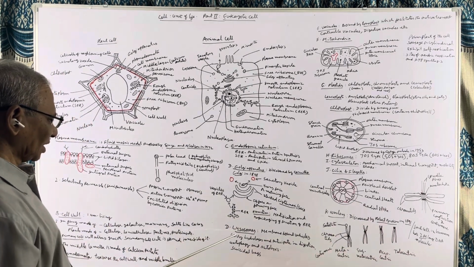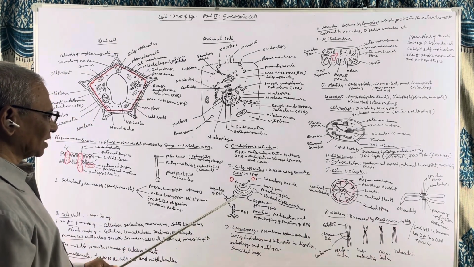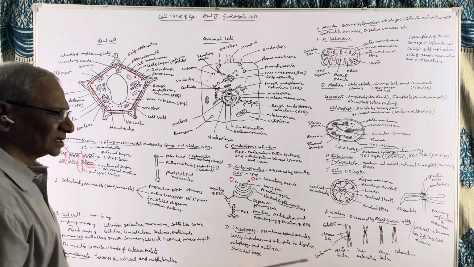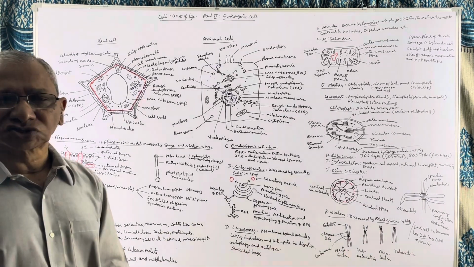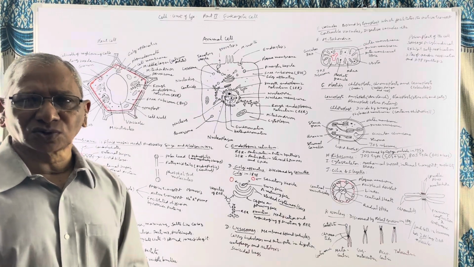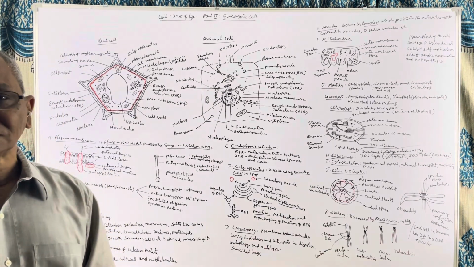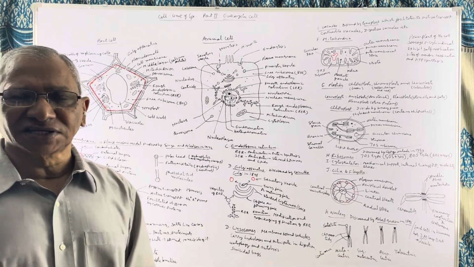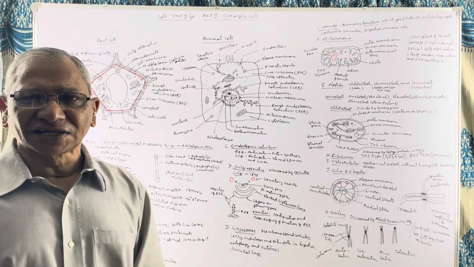Then, coming to the lysosomes. Some of the secretory vesicles form lysosomes. Lysosomes are known as suicidal bags of the cell. That means, if there is a need, they digest the cell itself.